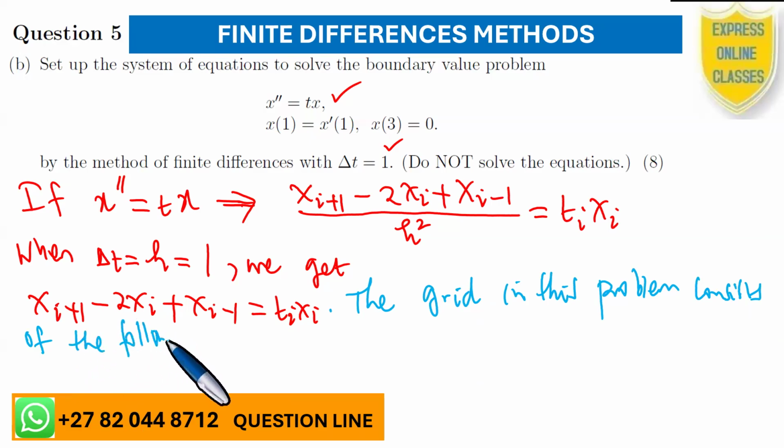So we need to deal with the grid for this particular exam question. Let us deal with the points, because right now we have that delta t is 1.